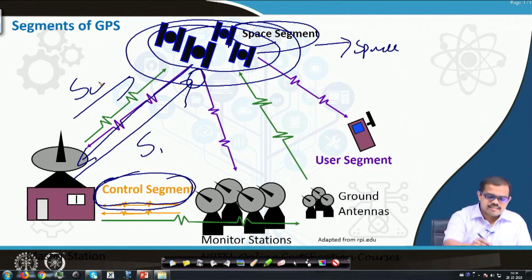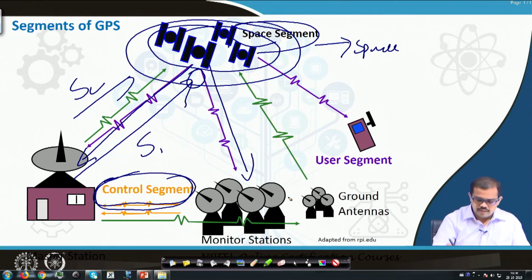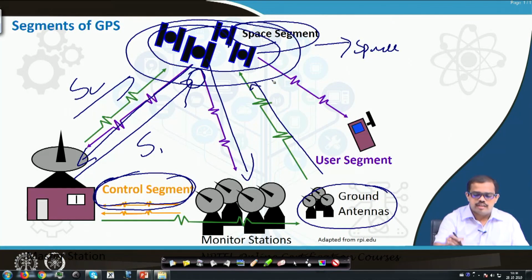This SC signal is then transmitted to the monitoring stations. Many times ground antennas also provide input in terms of corrections for the space segment. As of now, you have a space segment which sends its signal to the control segment on the ground, also called the ground segment, and the corrected signals are sent back to your satellites.